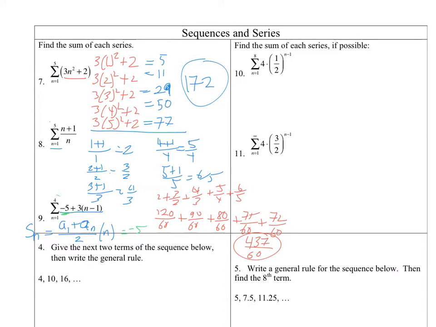My last term, I want the fourth term, so if I plug that in, negative 5 plus 3 times 3 would be positive 4, divided by 2 times 4 terms. Negative 5 plus 4 is negative 1. Times 4 is going to be negative 4 divided by 2. Should be negative 2.